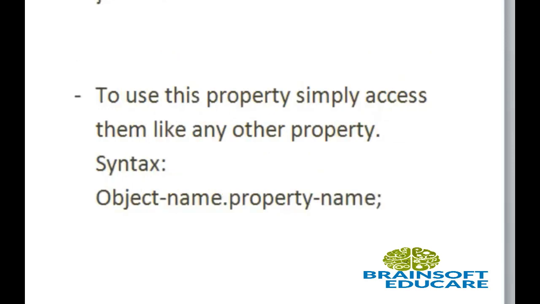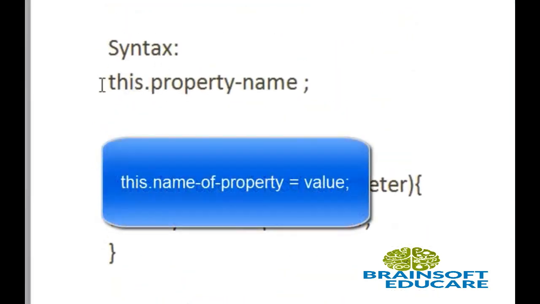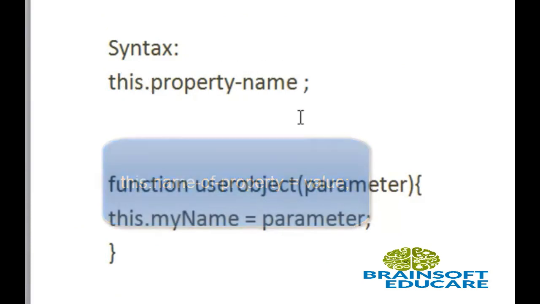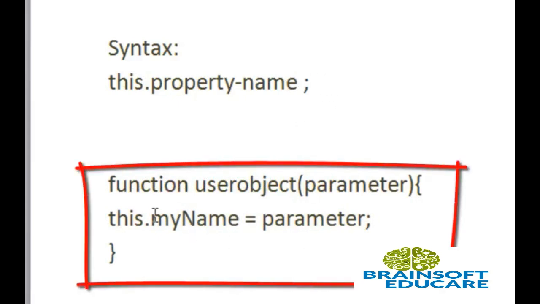Let's take a look. Here is the syntax. Here we have used this keyword, then dot operator and property name. If we want to assign some value to the property name, here is the example. Here we have user object, which is our object, and myName is a property.